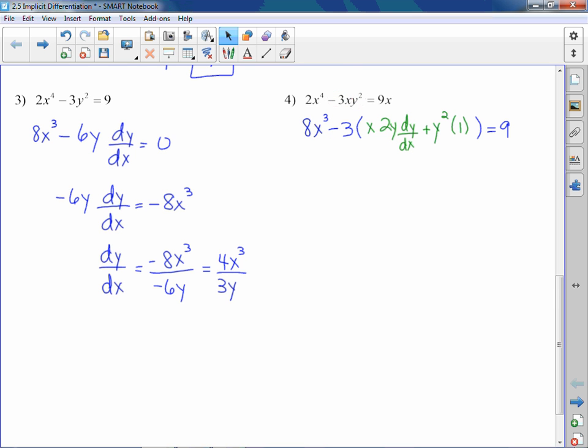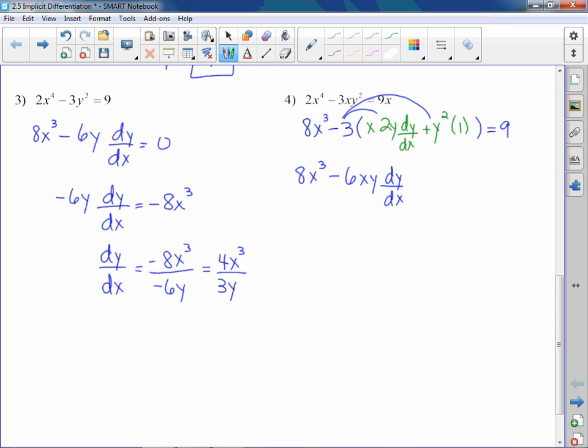Okay, so what I'm going to do in this case is distribute this negative 3. So I get 8x cubed minus, we've got 3 times 2, which is 6, we have an x, a y, and a dy/dx, and then a negative 3 times y squared. That equals 9. All right, now I want to solve for dy/dx. So first I'm going to subtract 8x cubed and add the 3y squared over.